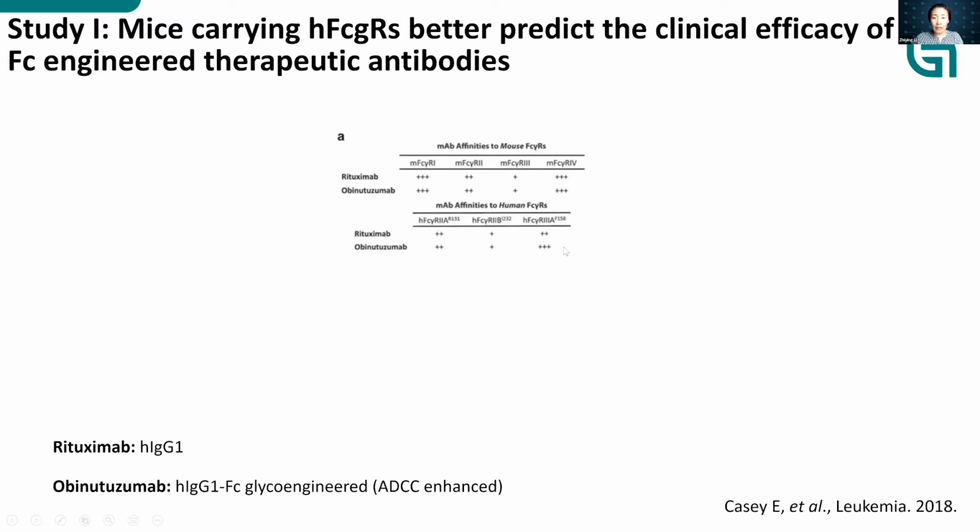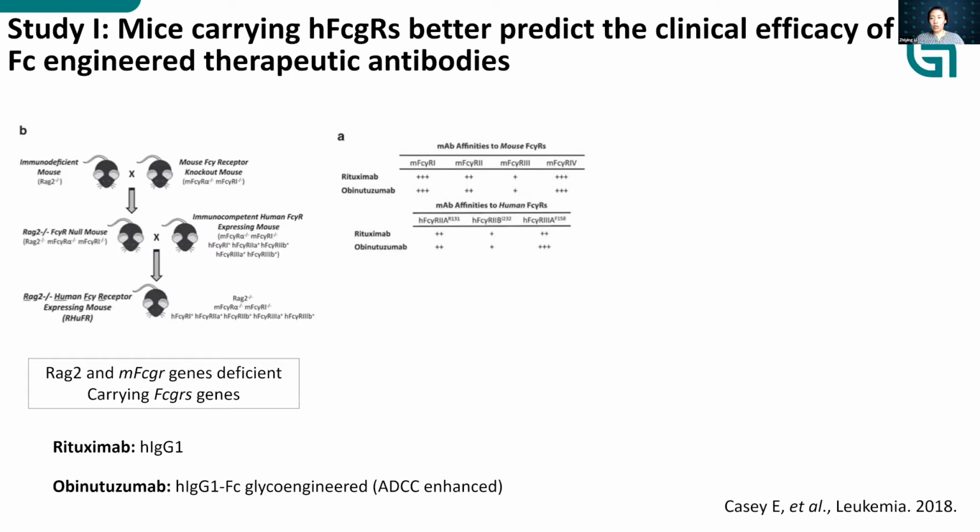However, if you assay them against human Fc gamma receptor, you can see the rituximab has a lower affinity to the 3A. The obinutuzumab has an enhanced binding affinity to the 3A. So this is the starting point. The engineering actually worked. So in order to have an assay to look at tumor suppression, we have to have a mouse system as a model organism for the human, mimicking the human.